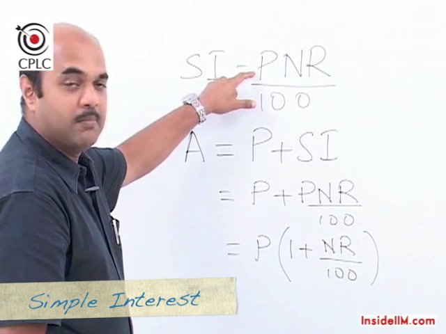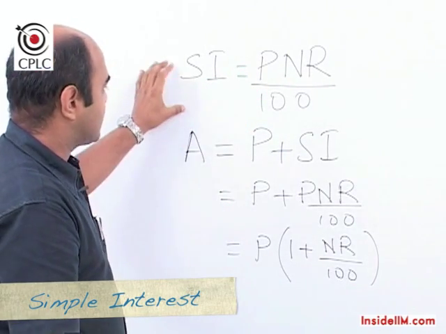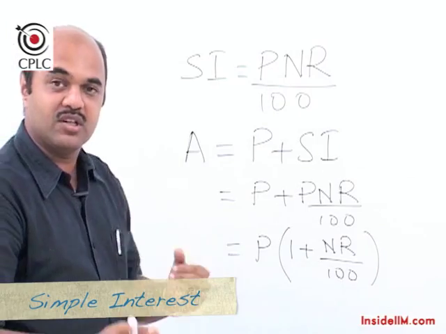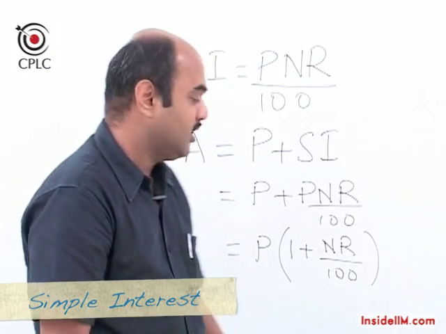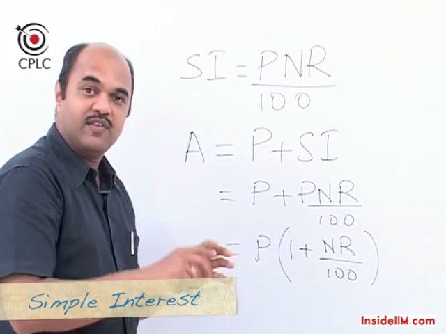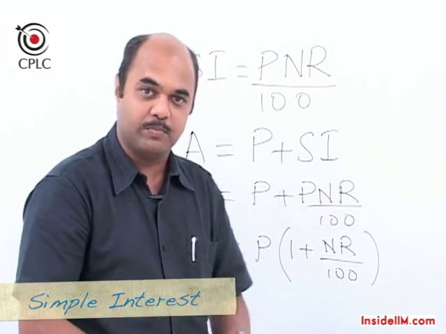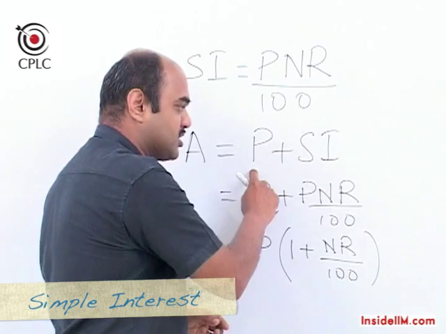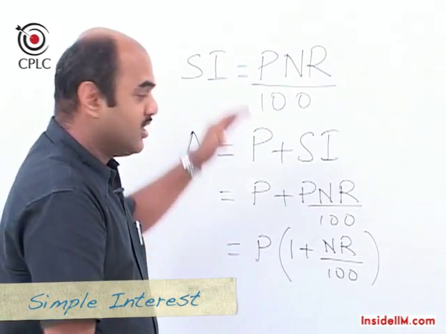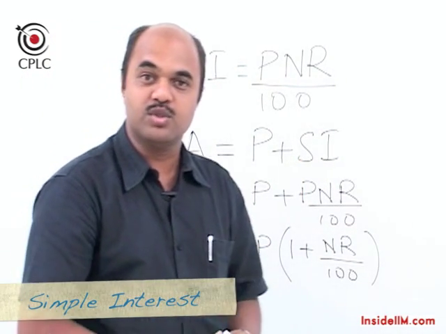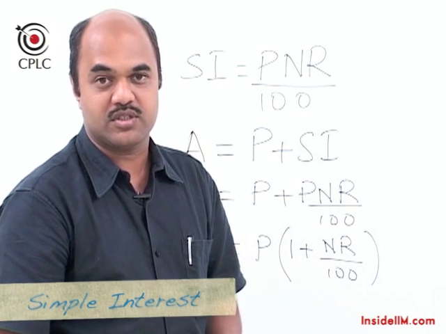P is the initial amount, which is the principal. SI is the simple interest, which is either earned or needs to be paid, and amount is the final value that a person will earn or will have to pay, including the principal and the simple interest. These are the formulae that we need to use for a simple interest situation.